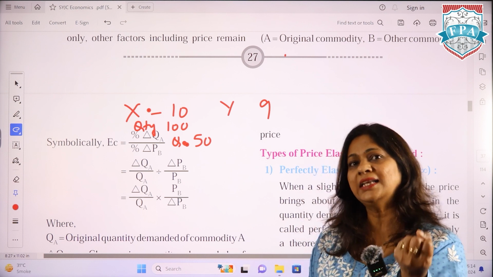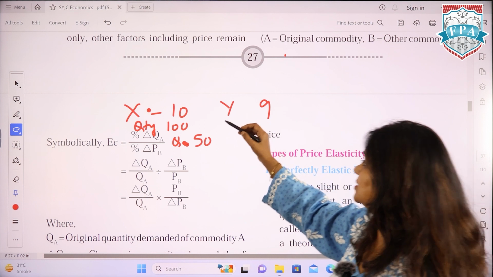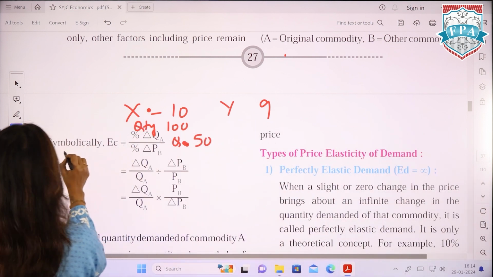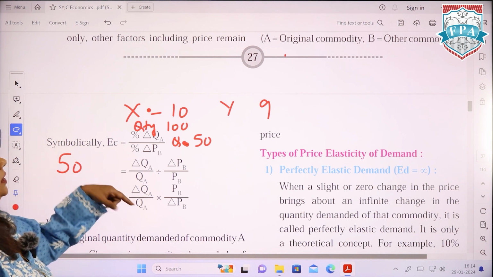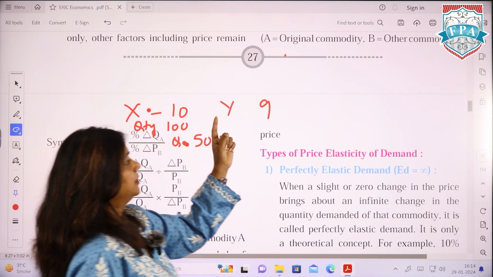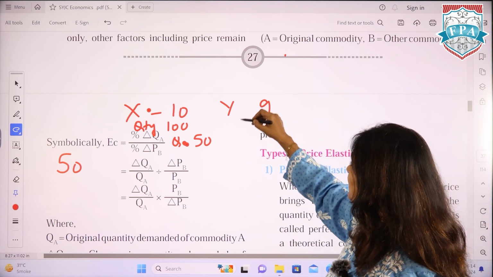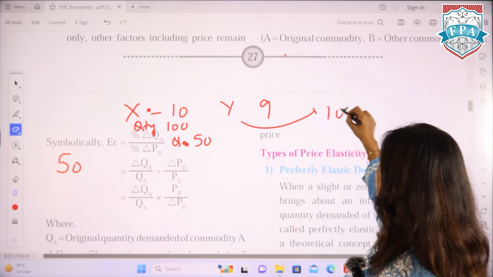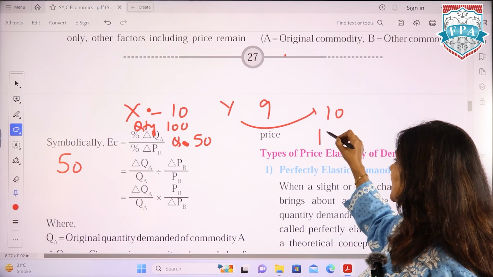So what is the elasticity? कितना quantity decrease हो गया है? Quantity has decreased from 100 to 50, so it has fallen down to 50 units. Yes or no? On the other hand, the price change of Y, originally Y का भी price 10 था, अभी 9 रुपए हो गया है, तो 1 रुपए से price change हो गया है.